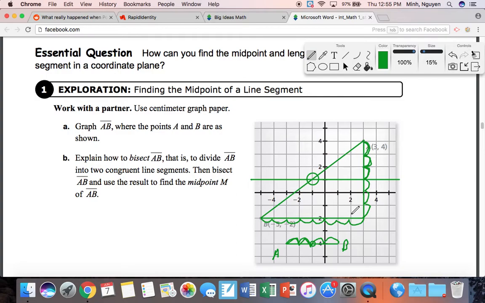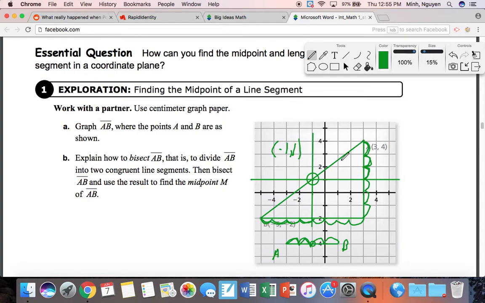So instead of going all the way 8, I'm going to go half of 8, which is 4, 1, 2, 3, 4, and then I know it must be aligned with this location right here, which points to this midpoint. What are the coordinates? -1, +1. So conceptually, on a graph, visually, I've shown you how to do that.